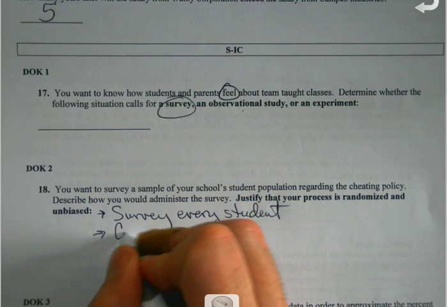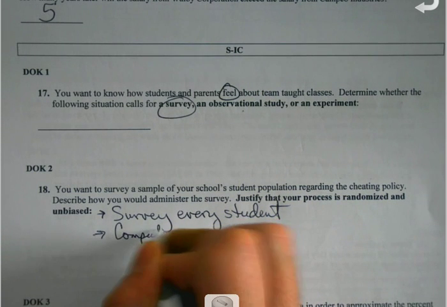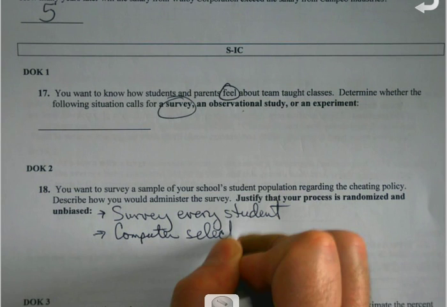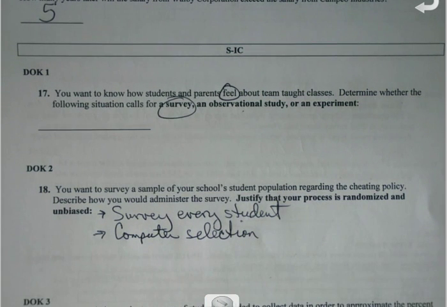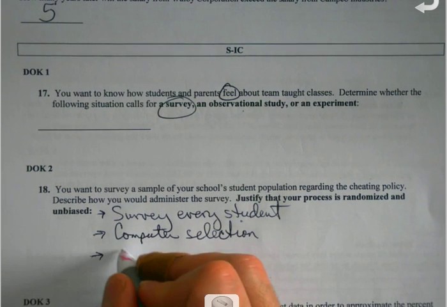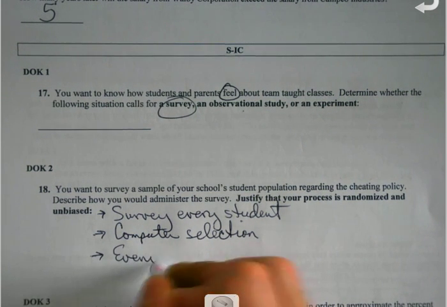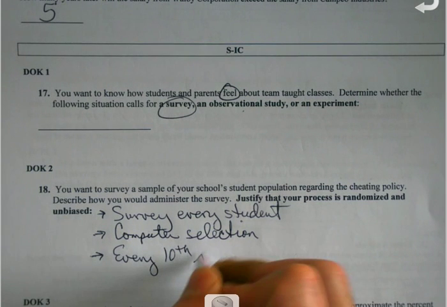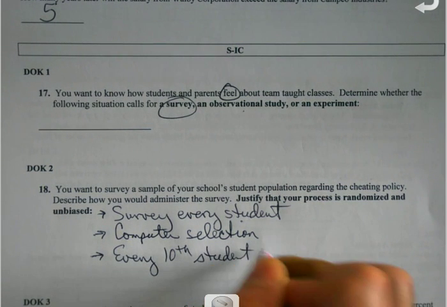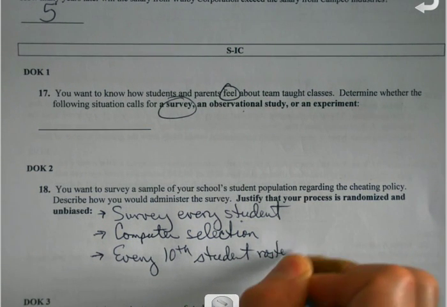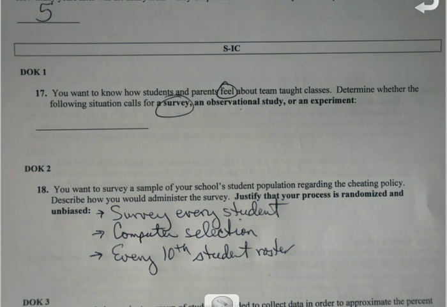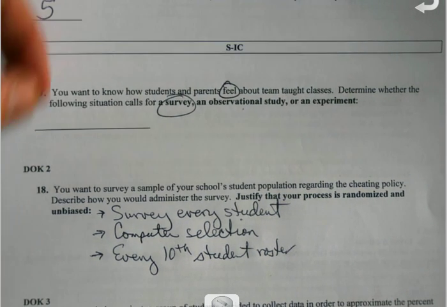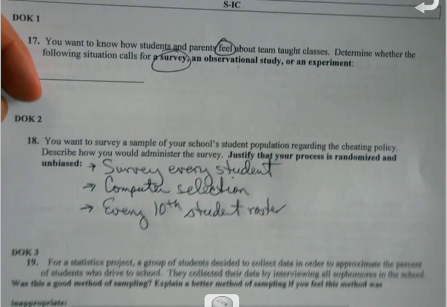We could have computer selection. That would work. Okay. If we were going to be human ways, maybe we do like every 10th student that you see on the roster, you're just like, I'll take this one, I'll take this one, I'll take this one. Because then you never know what you're going to get. That's pretty random. Any of those would absolutely work. So again, it's one of those questions, as long as you just think about it a little bit, you'll be fine.